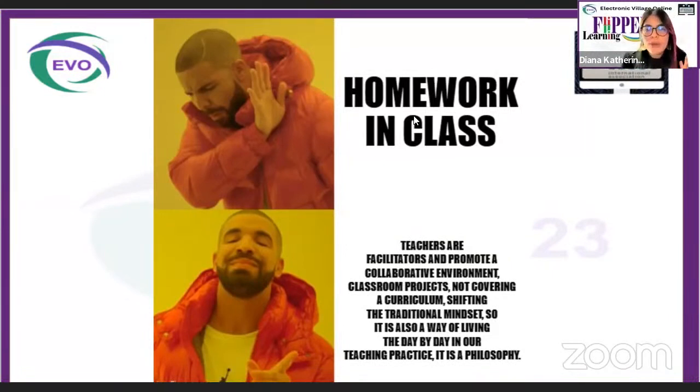So sometimes we think about flipped learning when we see ourselves in a whole collaborative environment, not only because our students group or team up, but also because we work hand in hand with our students' needs and necessities and likes and dislikes. We know our classroom very well. Like we know each one of our students to understand what we could implement.